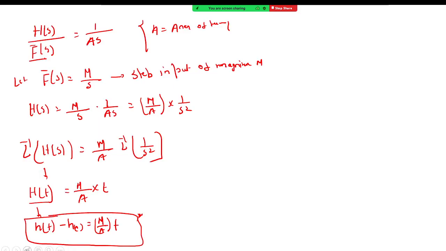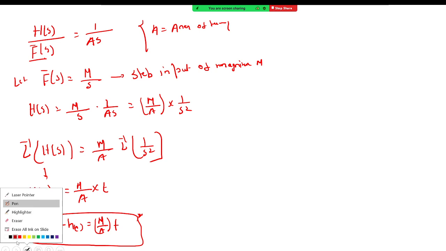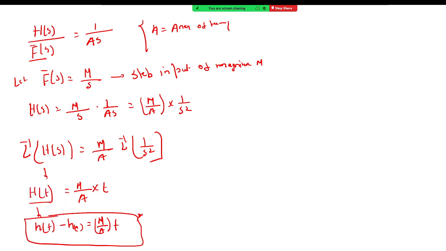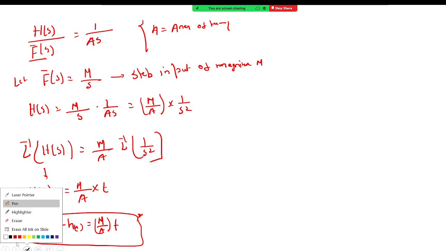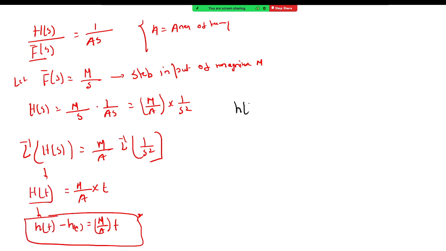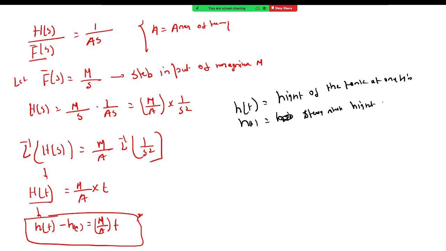Once we give a step input to the purely capacitive process, you will see this particular formula. Here small h(t) is the height of the tank at any time, and h(s) is the steady state height at initial time, right?